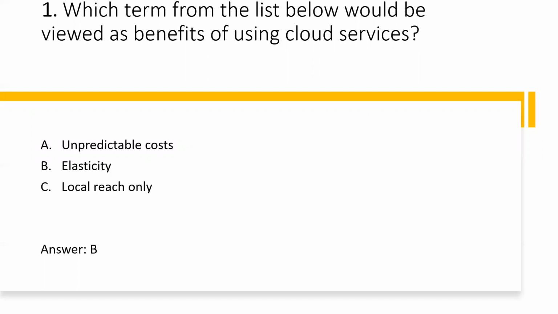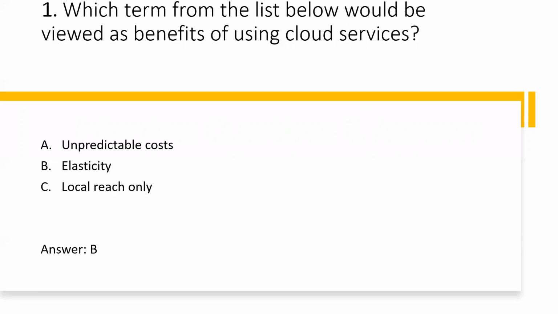There are two types of instances you can use. Reserved instances is 1 year or 3 years. So if you go for reserved instances, you can save more money. So you can predict the cost and you can check the charges monthly using cost management. So here answer A is not right.